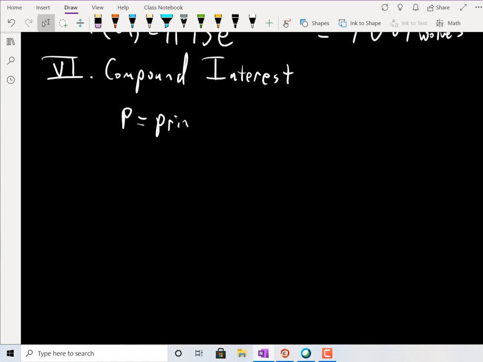We have P for principal. That's just the money you either put into an account or a loan you take out of a bank. R is going to be the rate, and this is a rate per year. In the equation, we use it as a decimal.